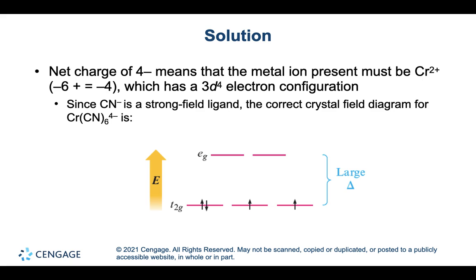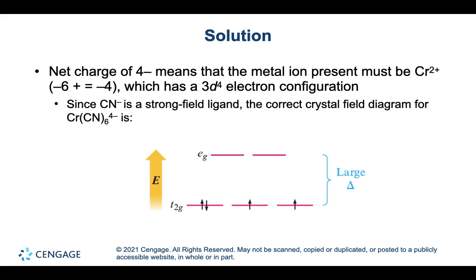And that means that the chromium being +2 would have a 3d4 electron configuration, because it would lose the 4s and one of the 3d electrons, because remember chromium's that exception, 4s1 3d5, so you lose the 4s and one of the 3ds. So 3d4 means 4 electrons in the d orbitals.